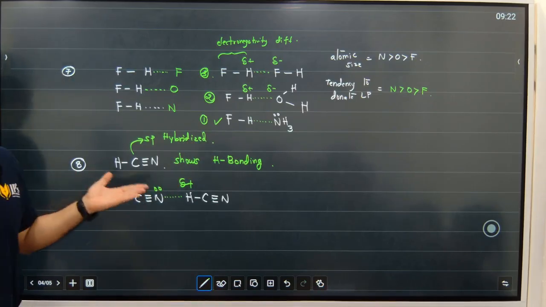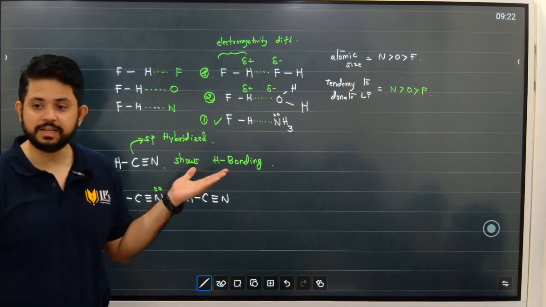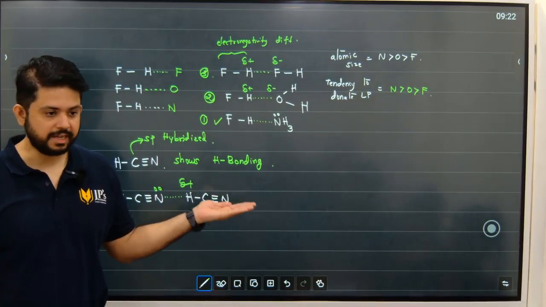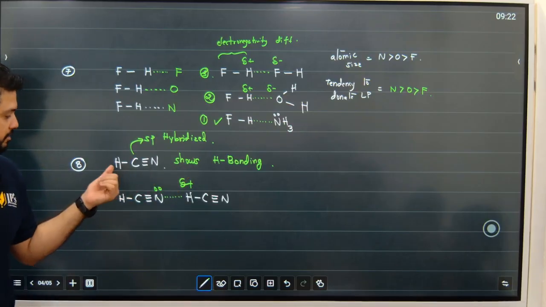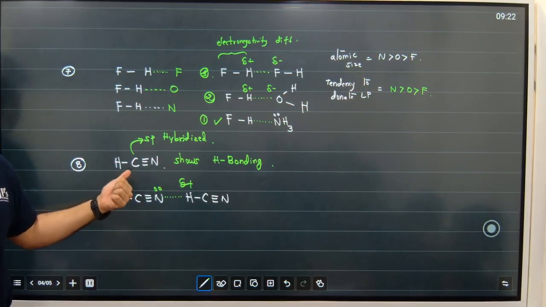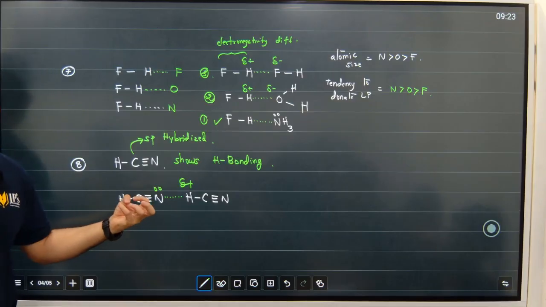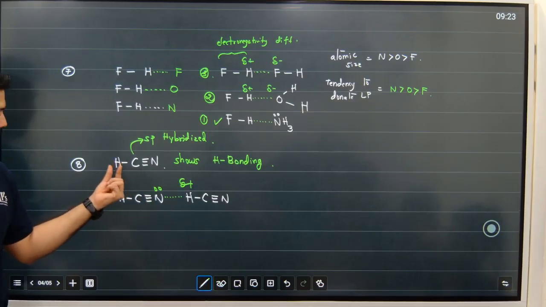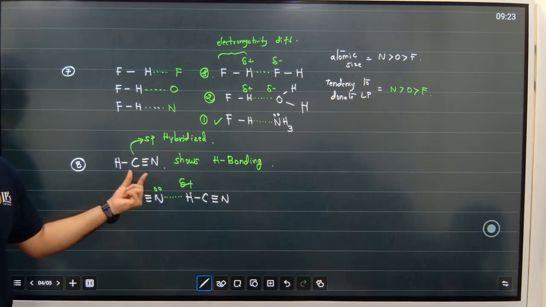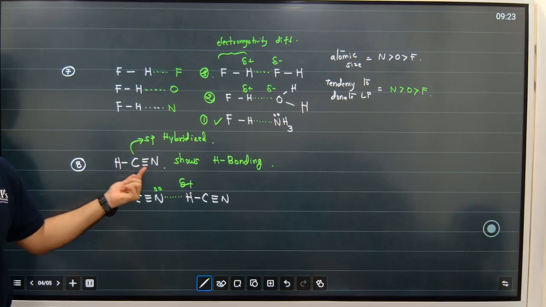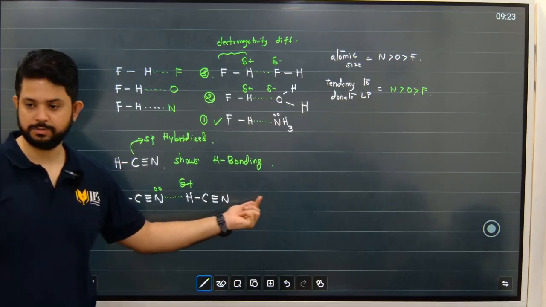And we know that sp hybridization, because of higher s character, 50% s character, the electronegativity of the carbon over here is very high. It is pulling the electrons towards itself, developing a delta positive on hydrogen, and you can say a delta negative on the entire cyanide ion, and that is why it shows hydrogen bonding.